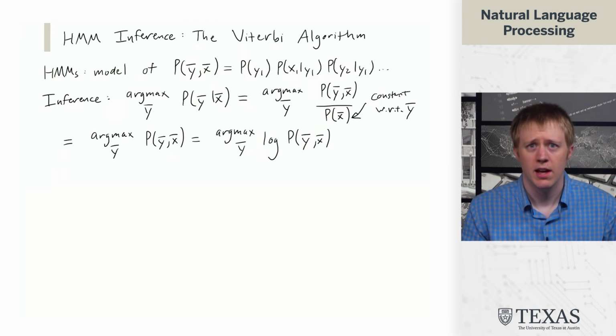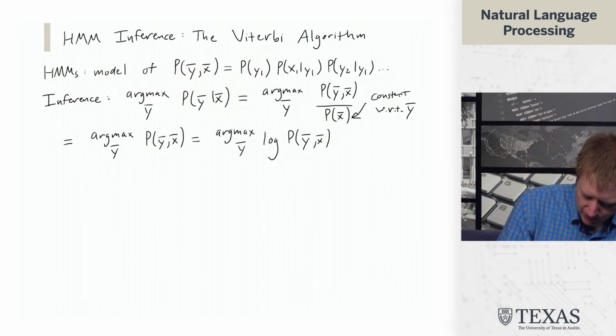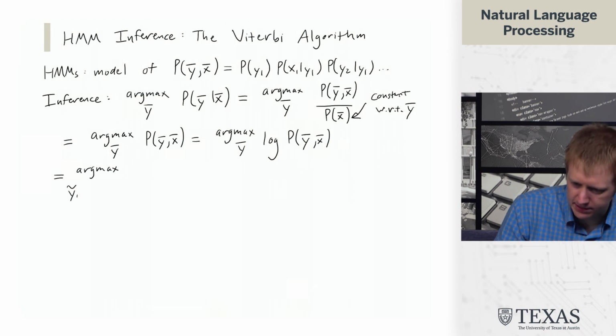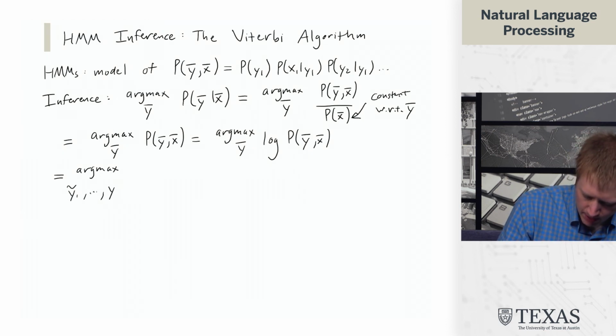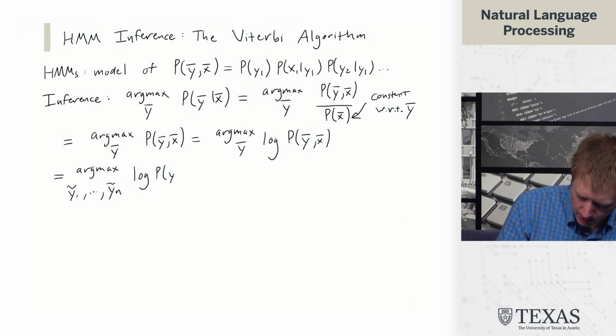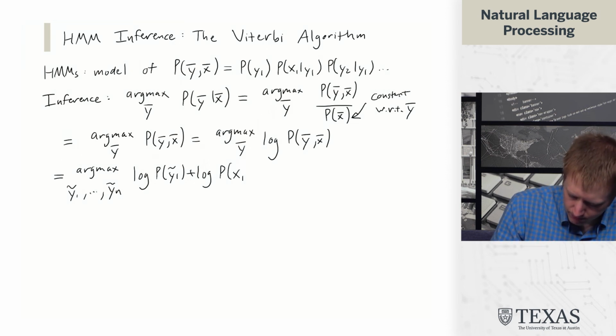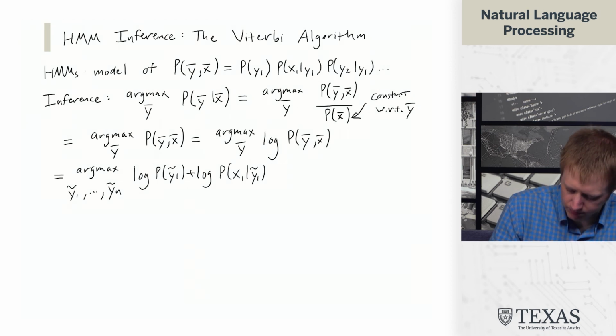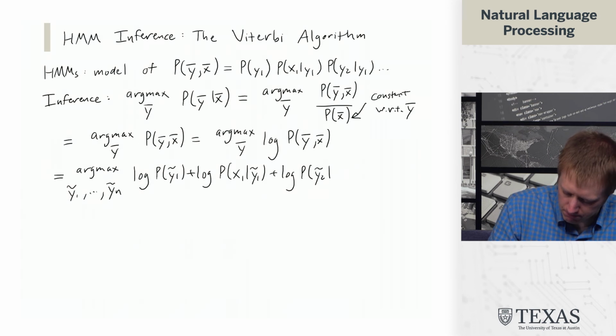All right, so now that we've rearranged this, we've got something that feels a little bit more tractable. And now we're going to expand this out. And I'm going to write these as y twiddle here. And so on and so forth.